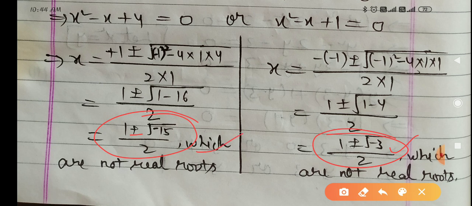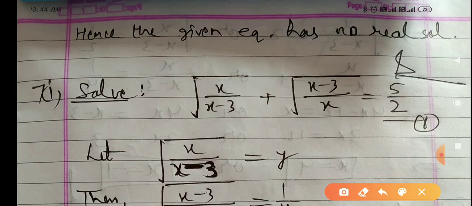So that's why I have written here, which are not real roots. In the second case also I have written. So it means that the given equation does not have real roots. Hence the given equation has no real solution.